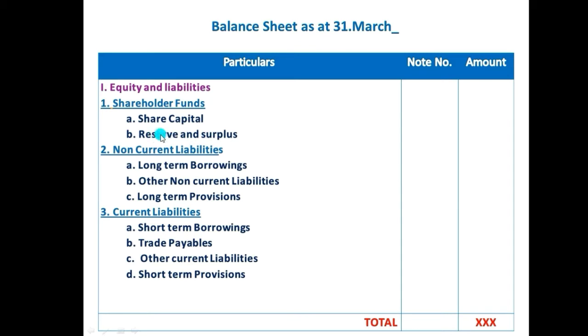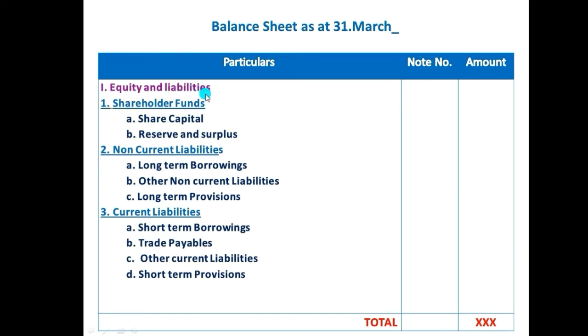Reserve is the savings of the business for future purposes. The company used to keep a certain amount out of profit for future purposes, that is reserve. And surplus: after meeting all the expenses, if the company has any amount extra, that is surplus. So share capital as well as reserve and surplus go to shareholders only, so we call it the owners' fund.